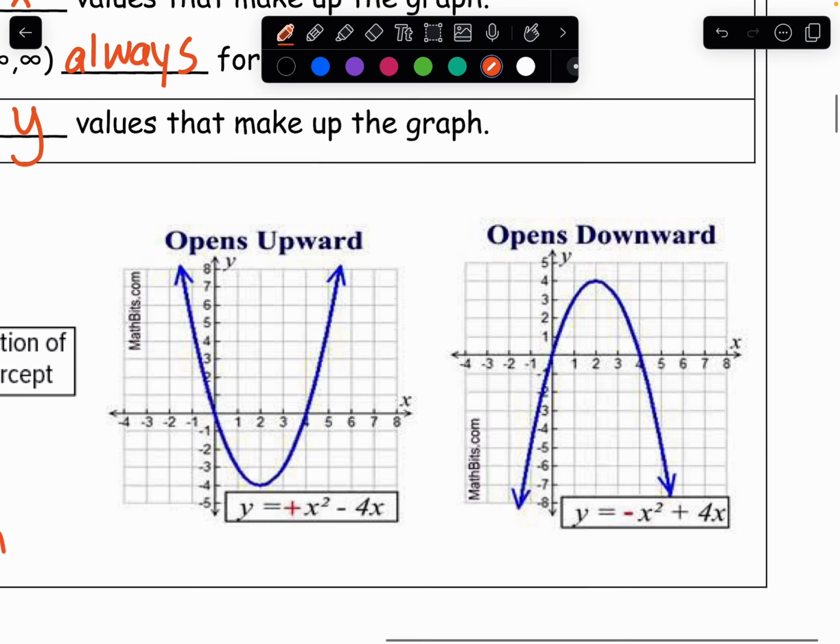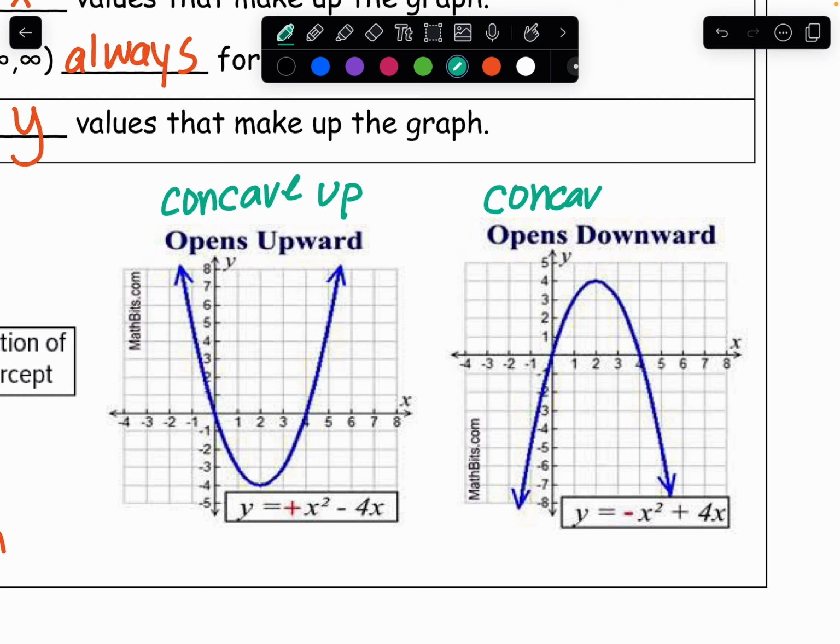We can open upward or open downward. For quadratics, you can sometimes also see it called concave up and concave down. It just means, basically, where are your arrows pointing? And you can tell that because of the A value.